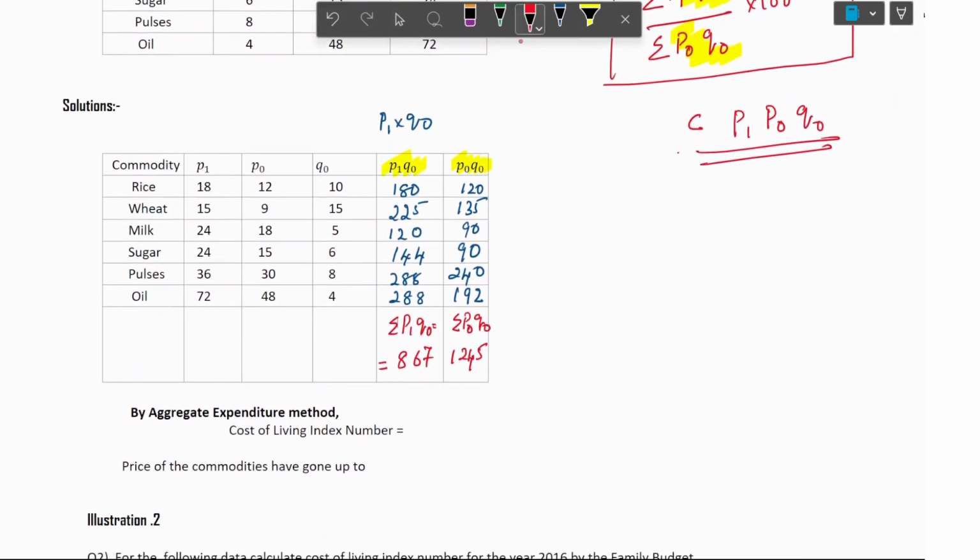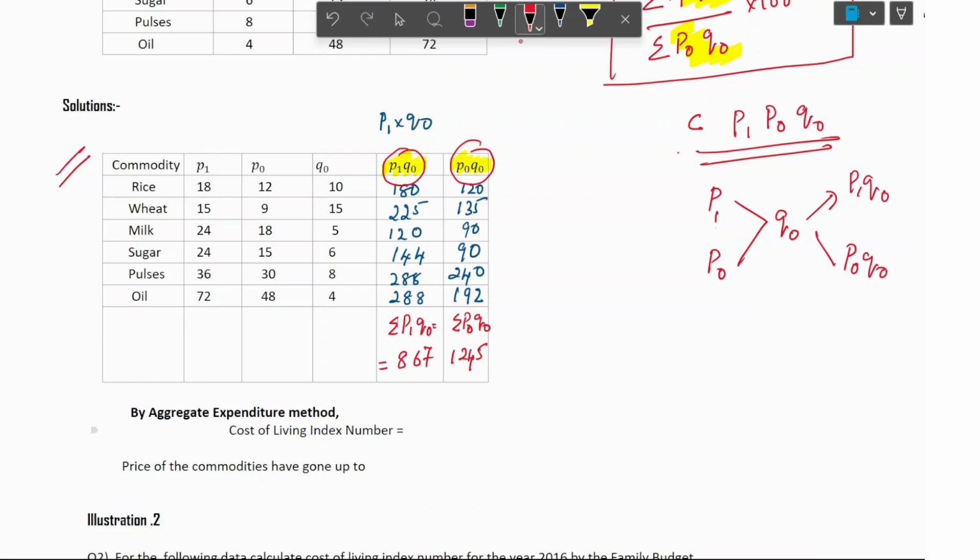So, step number 1, you have completed the columns. That means a table with how many columns? 4 plus 2: 4 from the question and 2 depending on your formula. I have constructed P1 Q0 and P0 Q0, that means P1 and P0 multiplied with Q0. These are the extra columns.